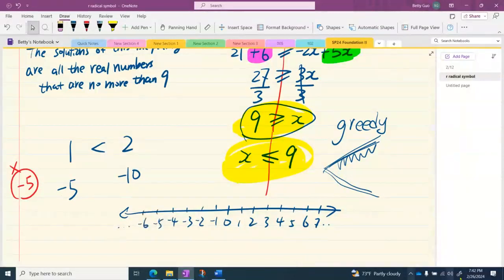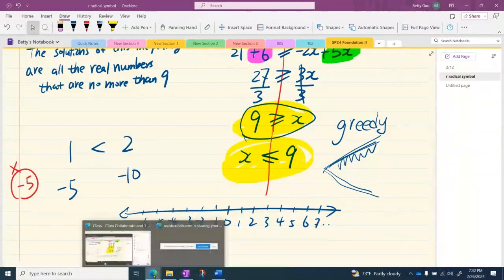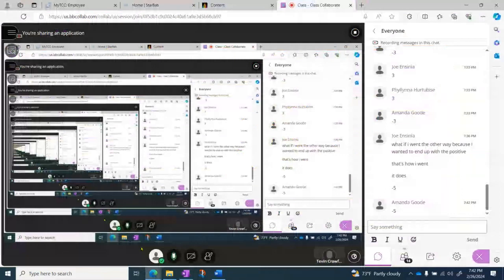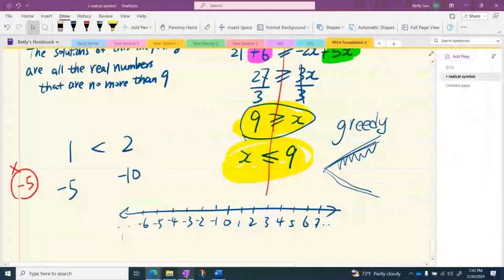Yeah, -5 and -10, which number is bigger? -5, exactly. So you can see those as dollars, right? I like to use the casino method. Do you like to lose $5 or do you want to lose $10? Of course, if you can lose $5, you don't want to lose $10. So -5 is bigger than -10.